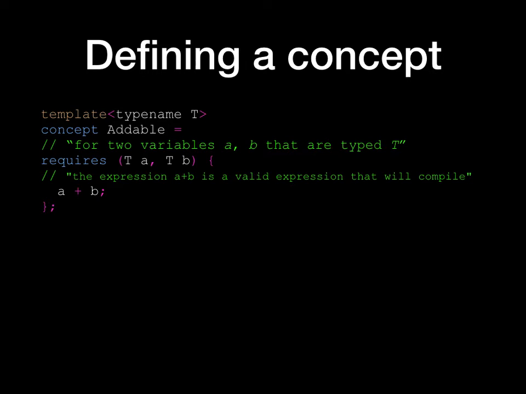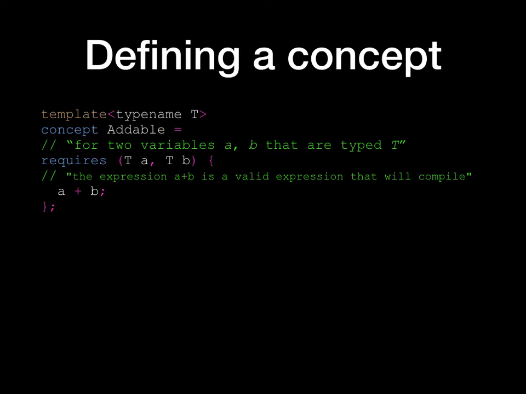So we start normally with a template typename T, which is our template type argument, concept, which is our new keyword, and Addable, which is the name of our concept. We say that it requires for a variable a of type T and a variable b of type T that the expression a + b be valid, be well formed in standardese.